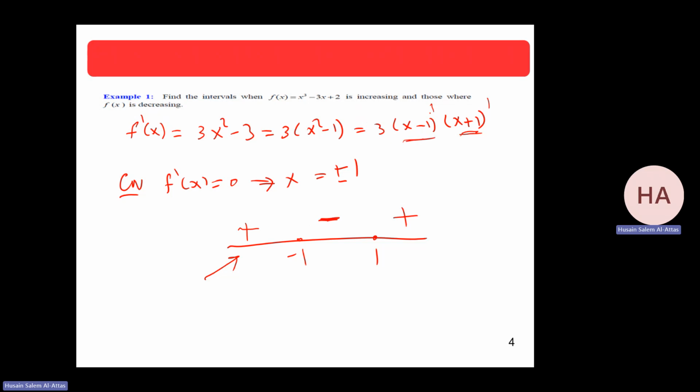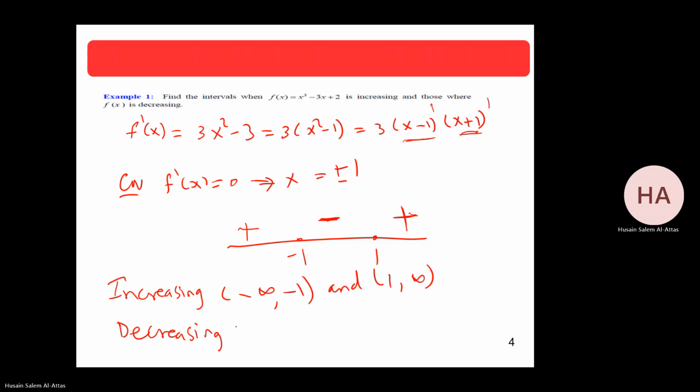The same thing here, since the power is odd, I need to change the sign. So very clear: increasing from minus infinity to minus 1, and from 1 to infinity; decreasing from minus 1 to 1.